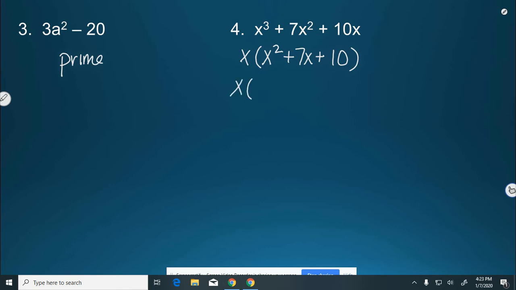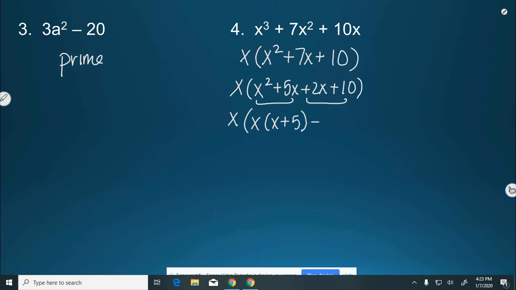So we have x times x squared plus 5x plus 2x plus 10, or x, grouping, times x plus 5 plus 2 times x plus 5 gives me x times x plus 2 times x plus 5 as my final answer.